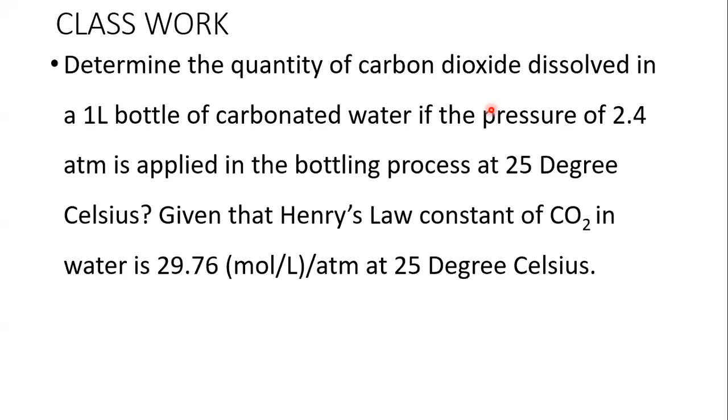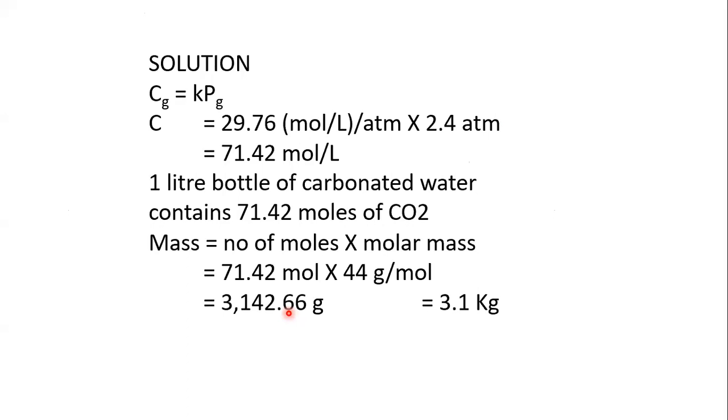Okay, so let's move on. That's why one of the things I asked when we started was, what's the unit of K? You need to be conversant with the units. So here you get your C, 71.42 mole per liter.